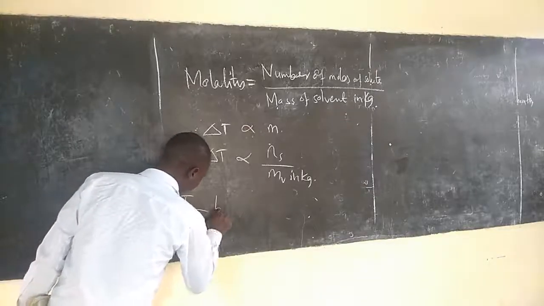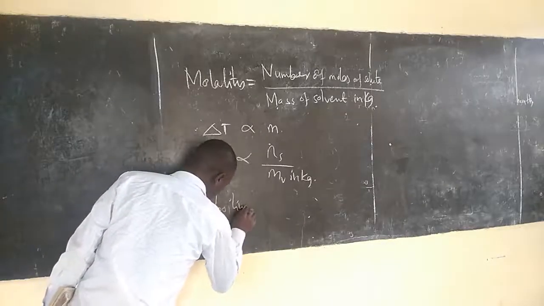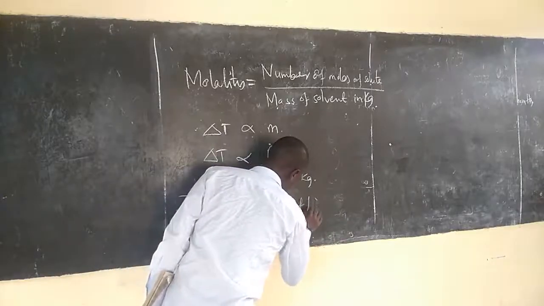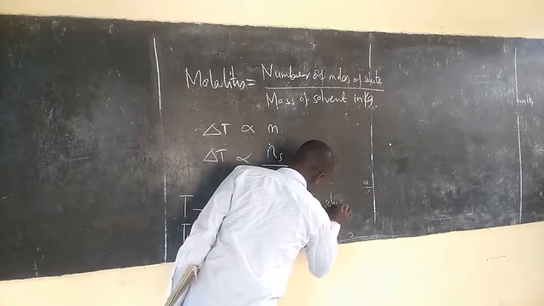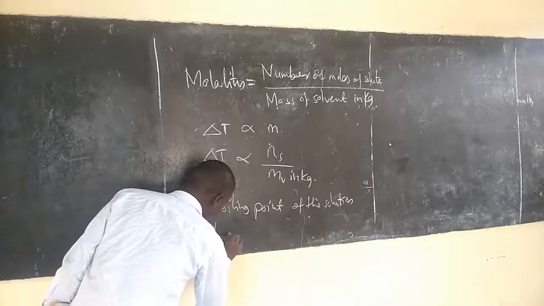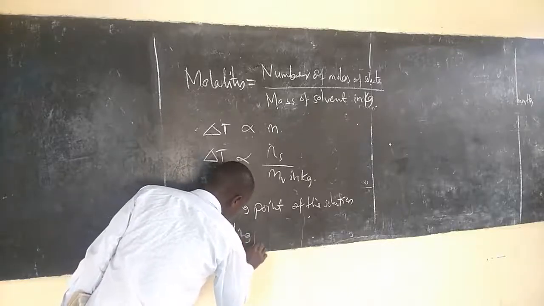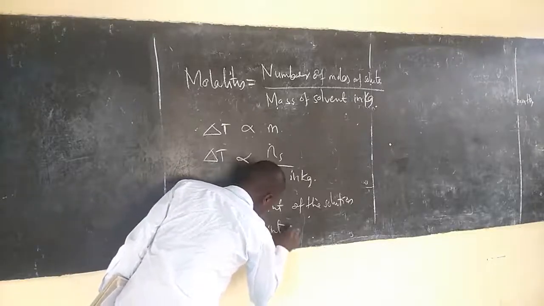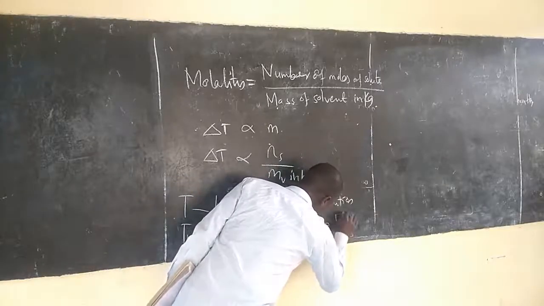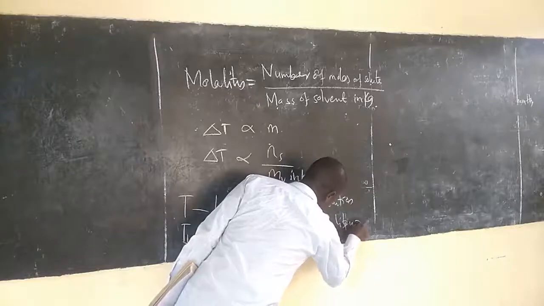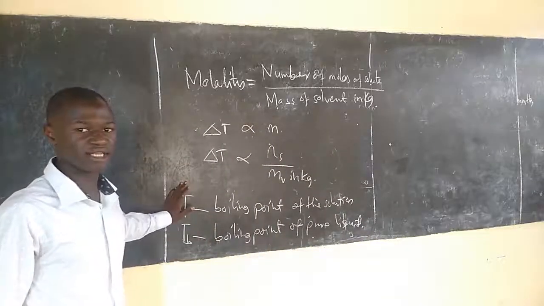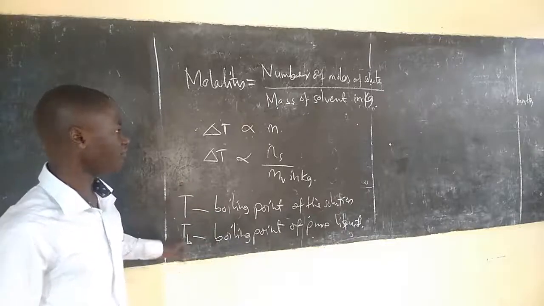So let T be the boiling point of the solution, wakati TB iwe ni boiling point of pure liquid. So the boiling point of solution T is greater than the boiling point of pure liquid, which is TB.